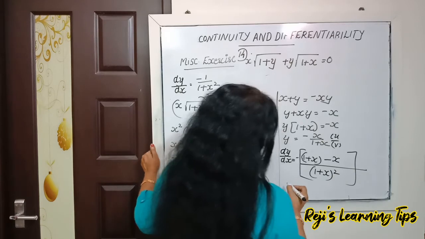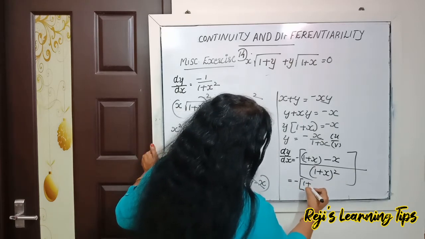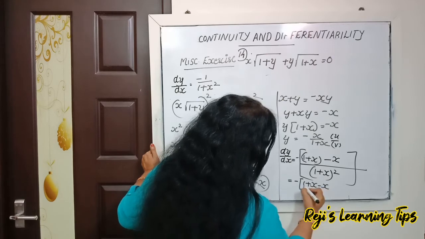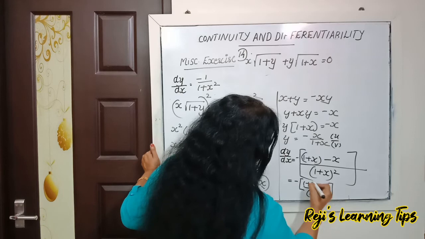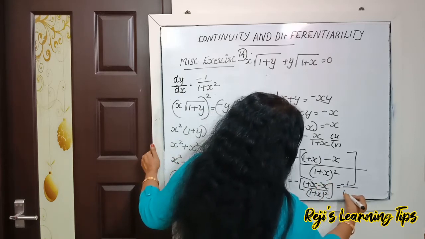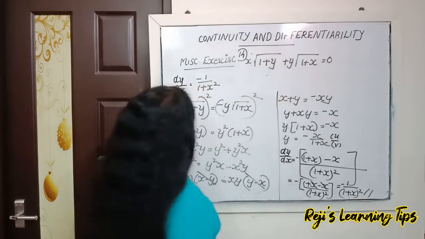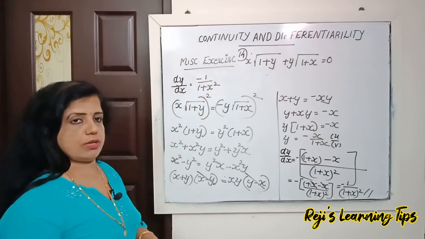So that is equal to minus of 1 plus x minus x divided by 1 plus x the whole square. Okay, plus x and minus x cancel, then we will get minus 1 divided by 1 plus x the whole square. Okay, dy by dx is equal to minus 1 divided by 1 plus x square.